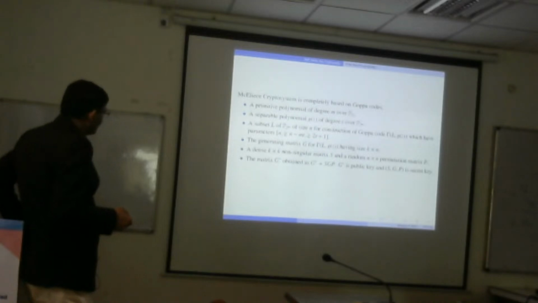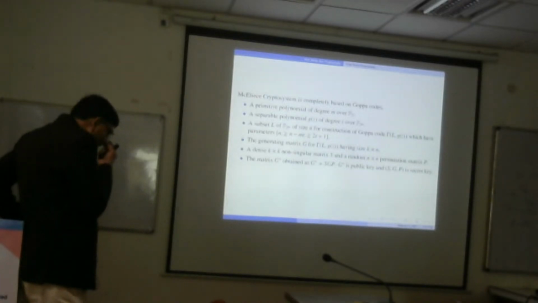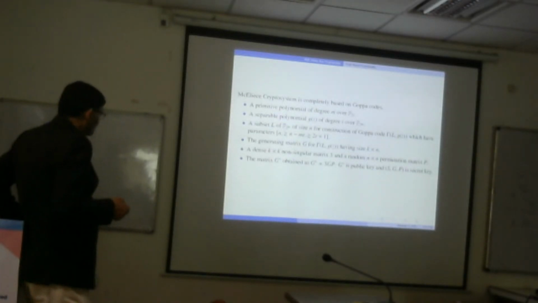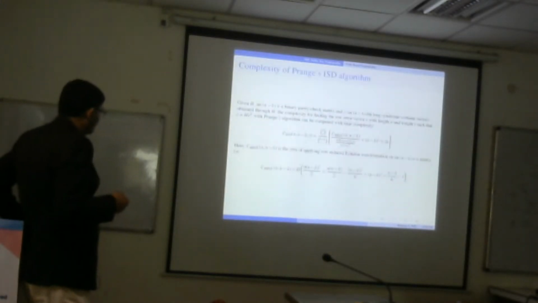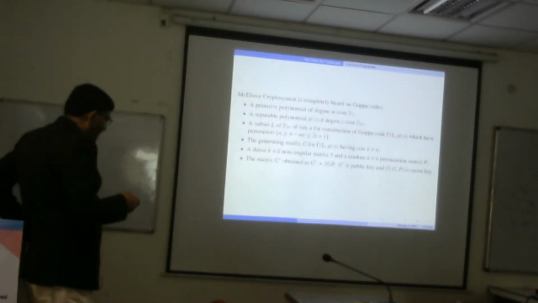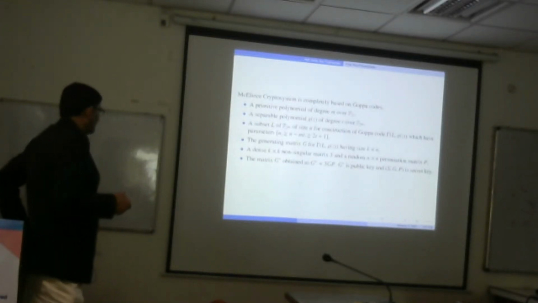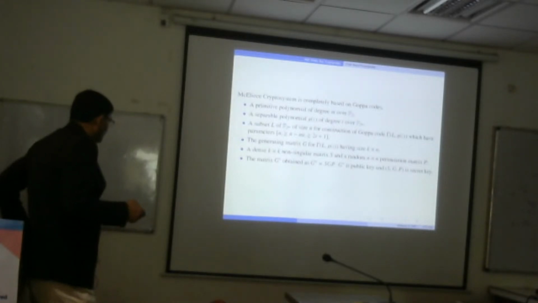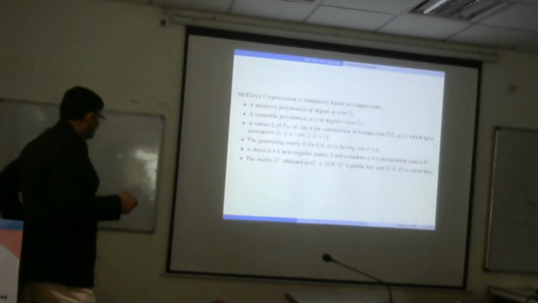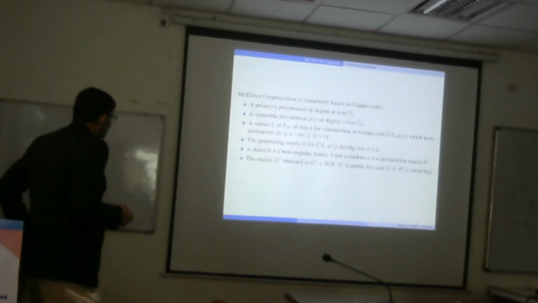So t is the error correcting capability, and d is also called the Hamming distance. So that way some important notation is written.